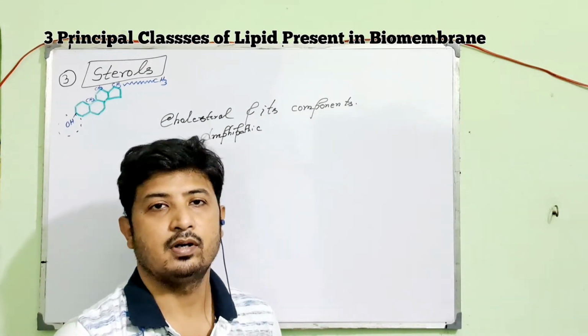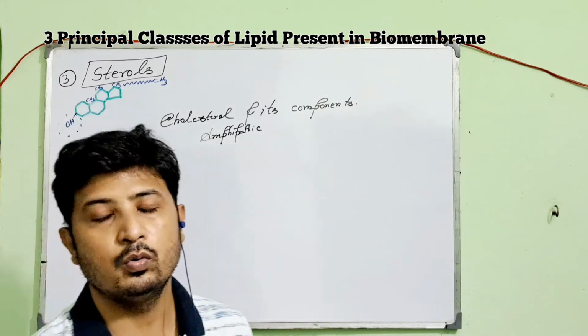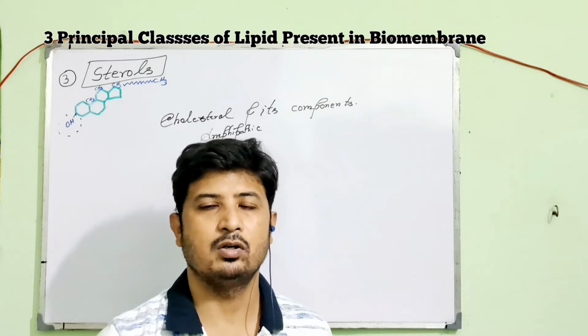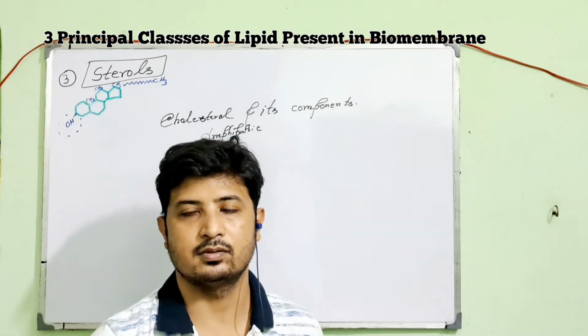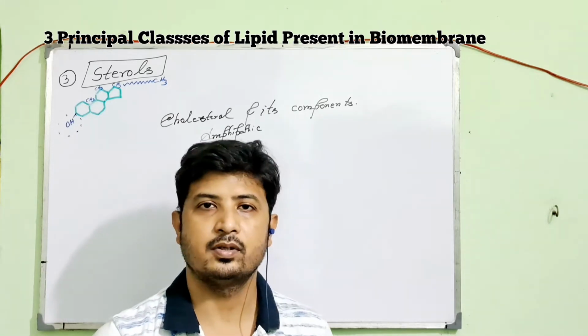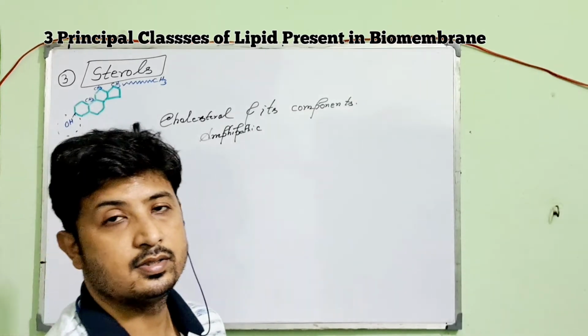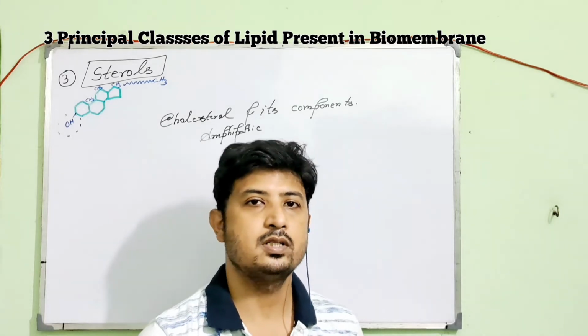But if you ask me whether it alone can make a biomembrane, what is the need of other phospholipids, phosphoglycerides or sphingolipids? Not the case. It is not possible because cholesterol or sterols are too hydrophobic.